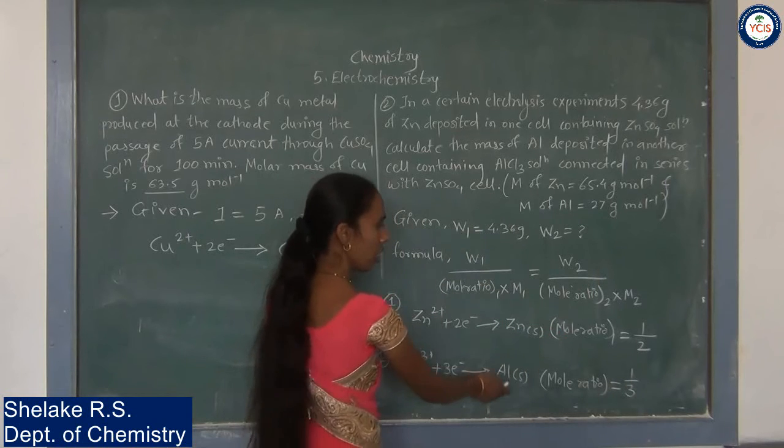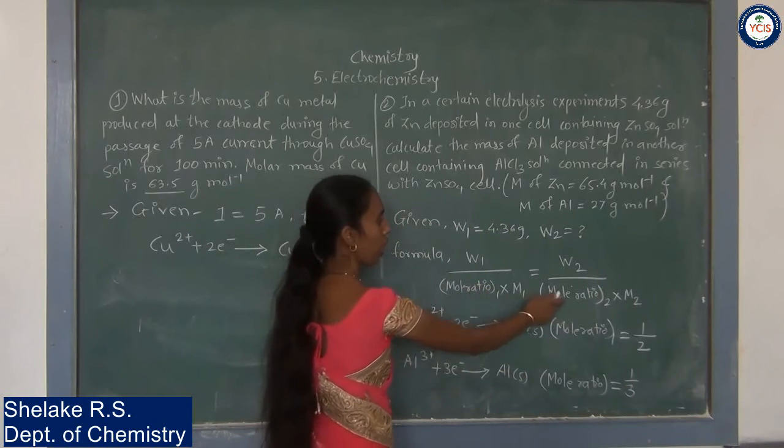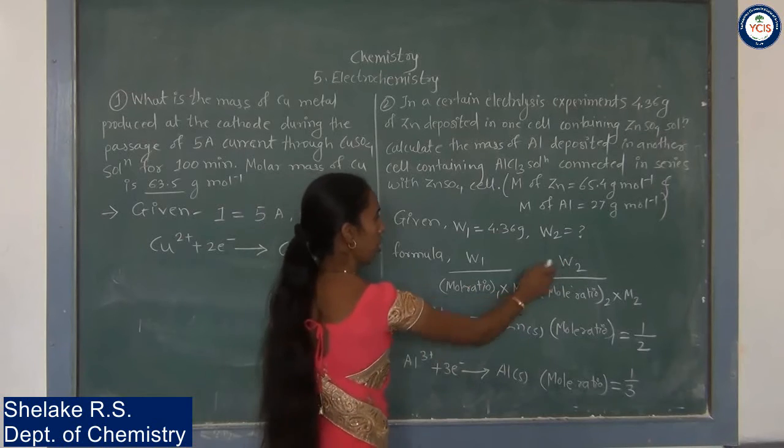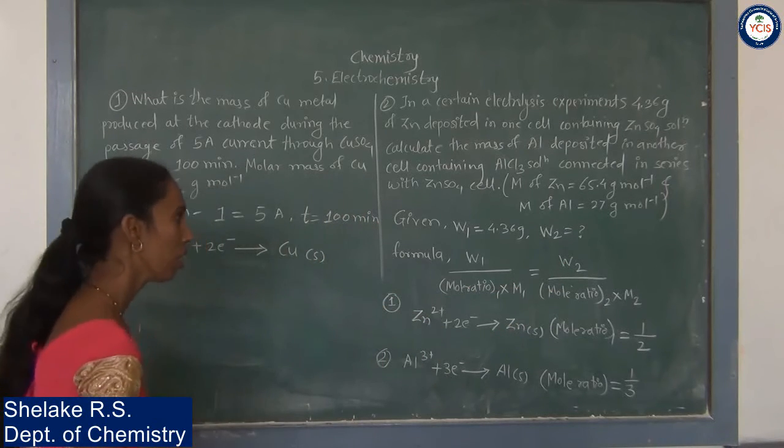Now we get these two values. We can put these values in this formula to find W2. We will write this on this side.